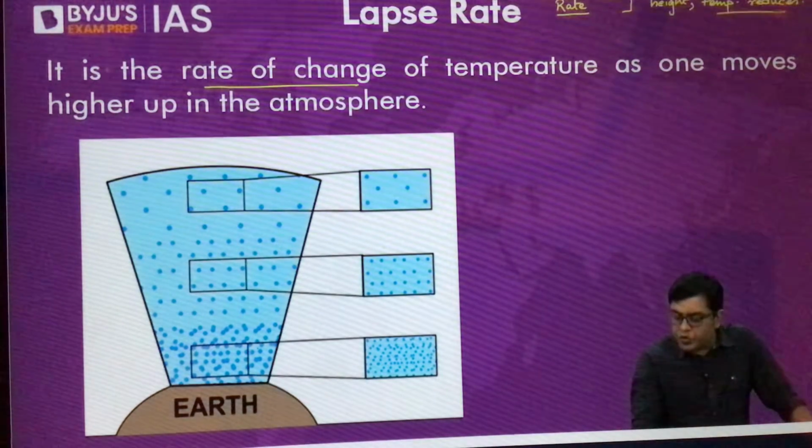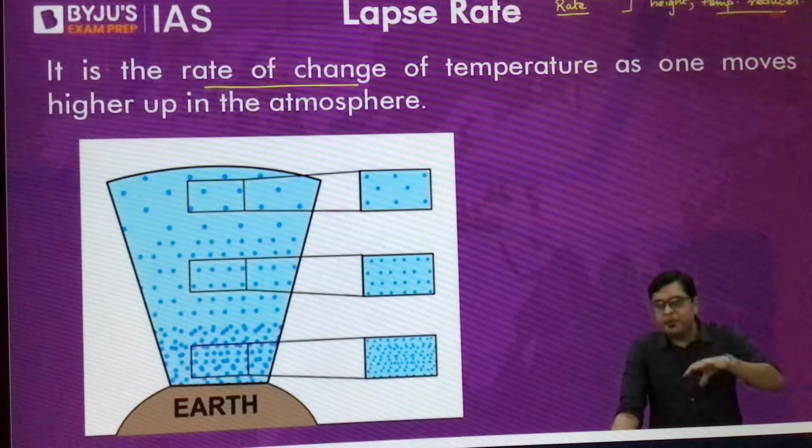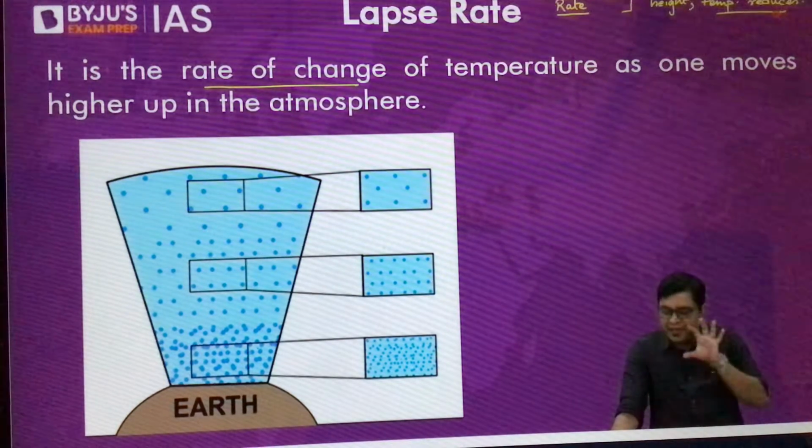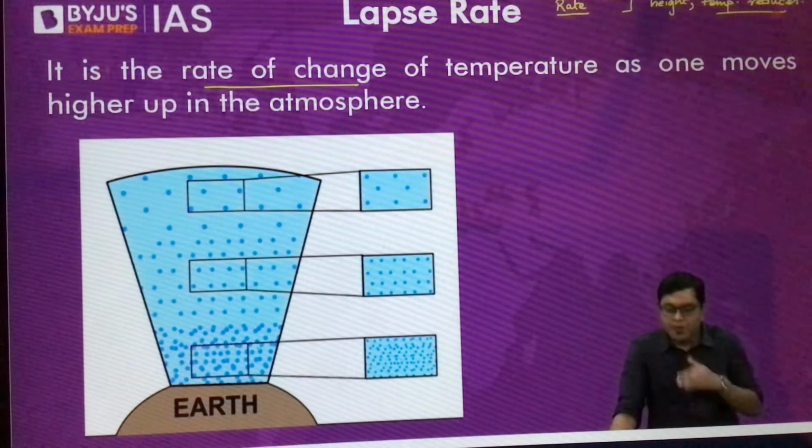This is the most common phenomenon, and this is the phenomenon that you come across in the atmospheric region closest to the ground surface. You will find the positive lapse rate to be in existence. Why? We'll talk about it.